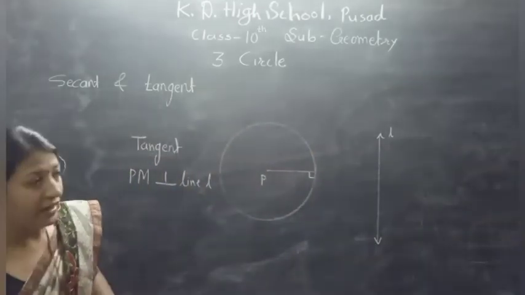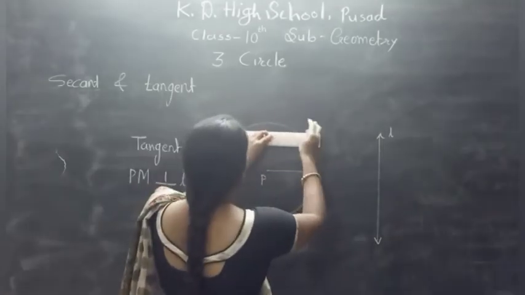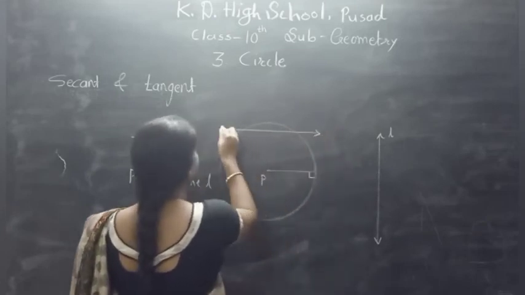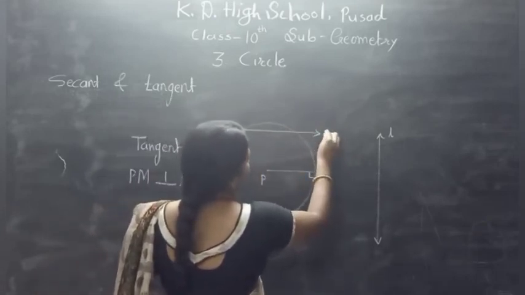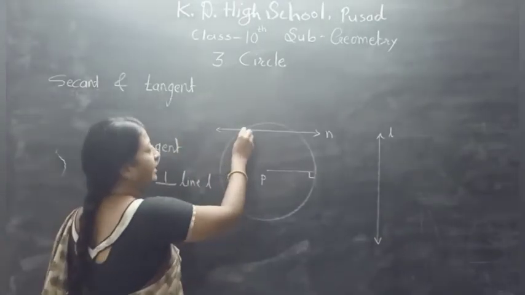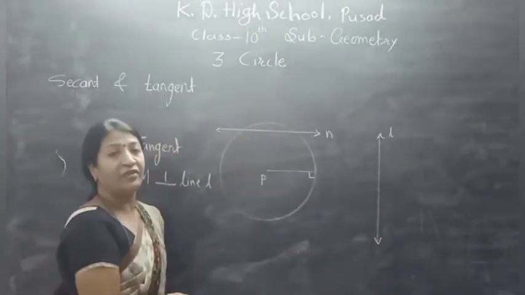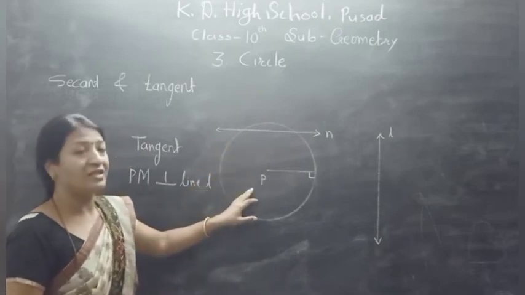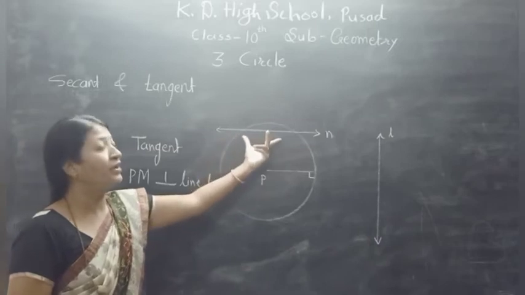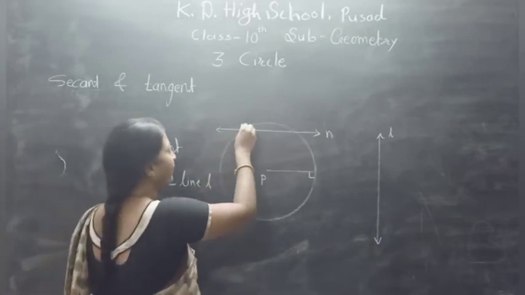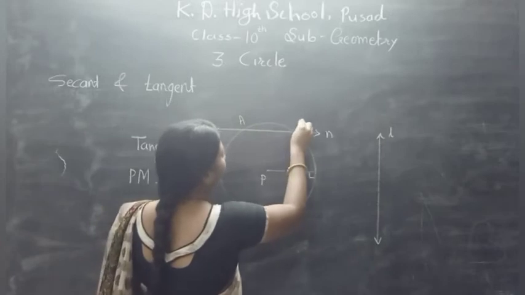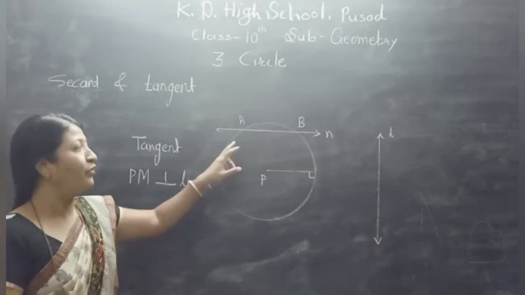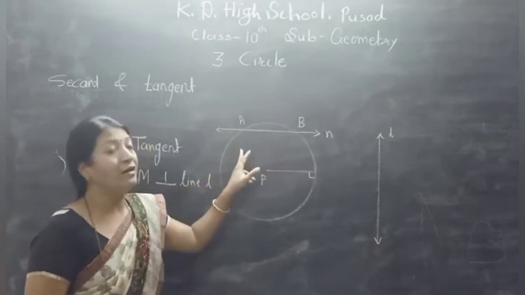Now next, if we draw a line which intersects the circle in 2 different points, this is the line N which intersects the circle in 2 different points. It means the line N and the circle with center P have 2 different points in common. For example, this is the point of intersection A and the point of intersection B. Now points A and B are the common points of the line N and the circle.